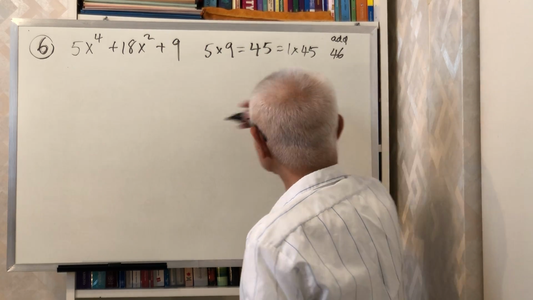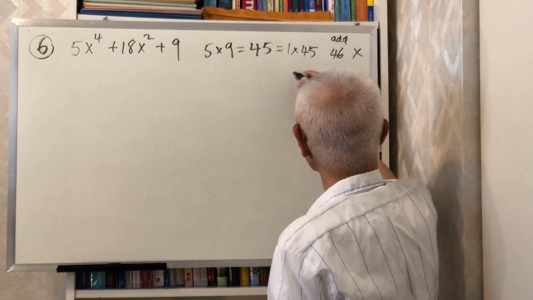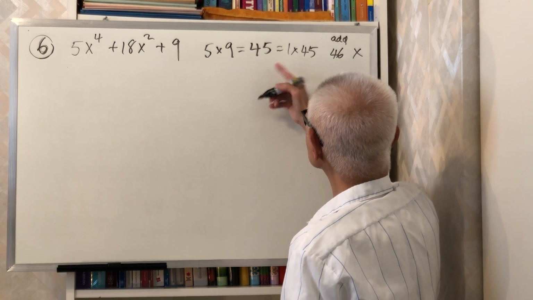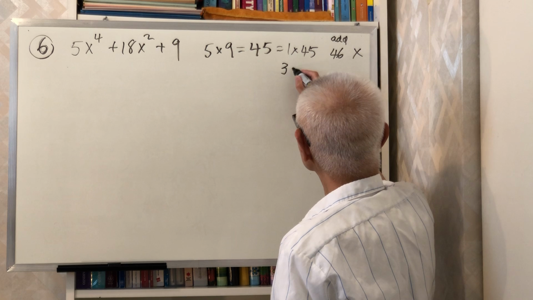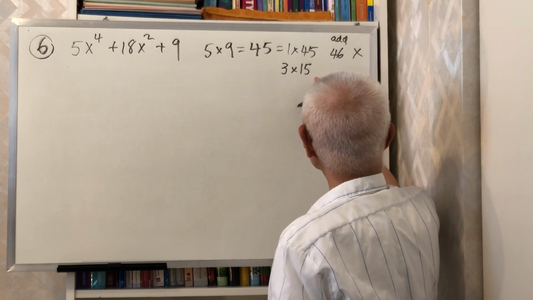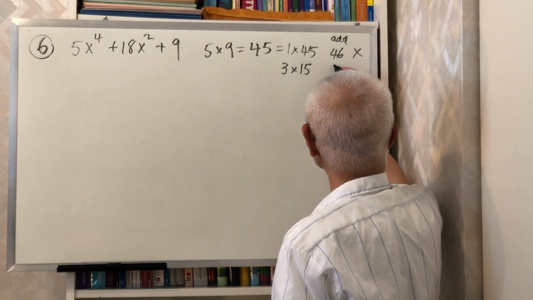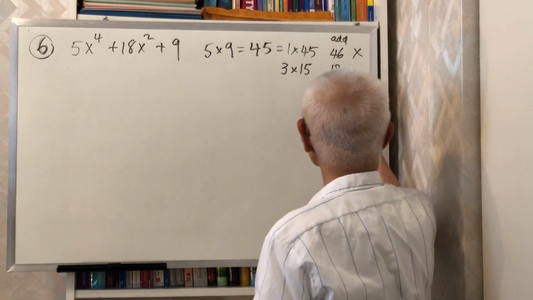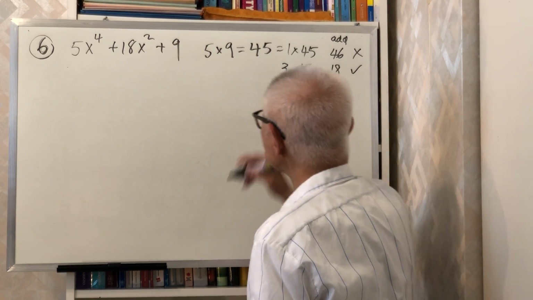I don't have 46, so not right. 2 doesn't work. 3, yes. 3 times 15 is 45, and 3 plus 15 is 18. I have 18 here. So this works, 3 and 15.